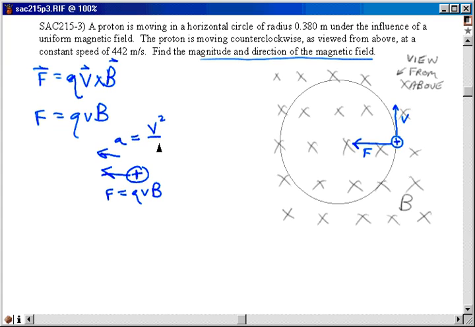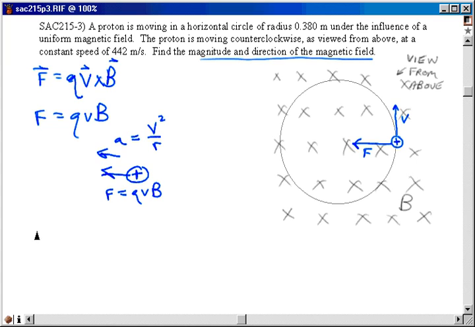So A is the centripetal acceleration that an object in circular motion experiences, where V is the velocity at an instant. But in this case, V is staying the same throughout the whole trip.